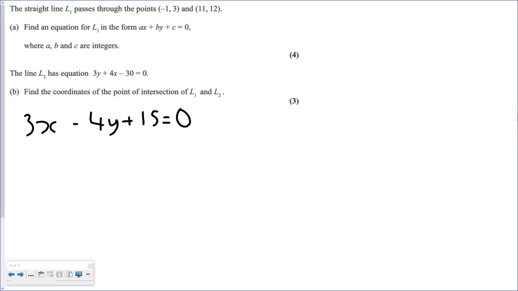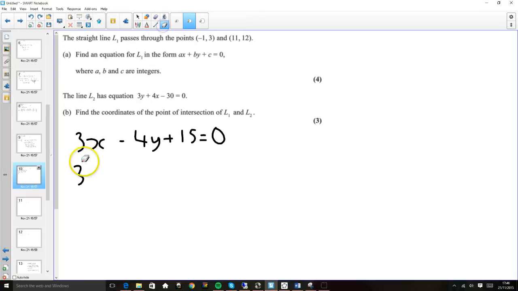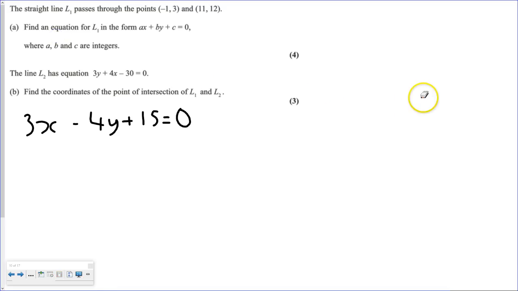Looking at the second part of this question now, we've got 3x minus 4y plus 15 equals 0 for our L1, and we've got 3y plus 4x minus 30 equals 0 as our L2.